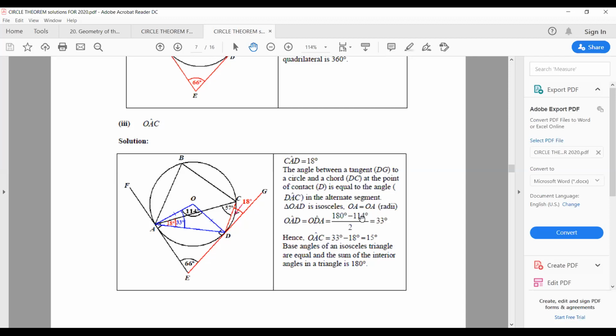I just showed you all that: 180 take away 114, and I divide the answer by 2 and I got 33. So if we want to find the angle OAC, it's just this 33, which is the entire thing, take away the 18 that we just worked out, and we would have gotten 15 degrees. How many of you got 15 degrees?